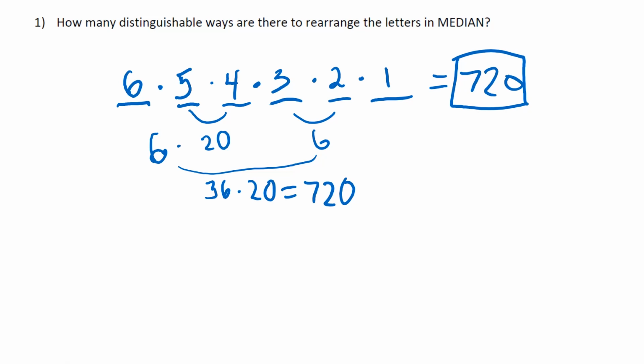Now, thinking about doing this a little more quickly, this didn't take that long here, but this is a common pattern: how many ways can we rearrange this. This is called a permutation.